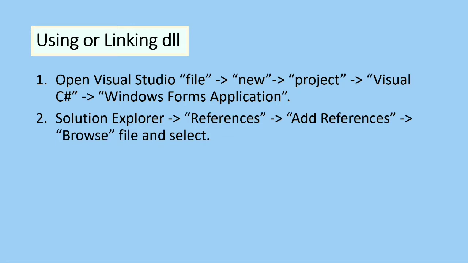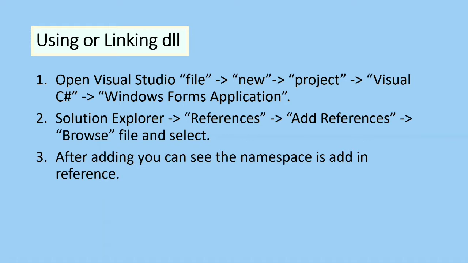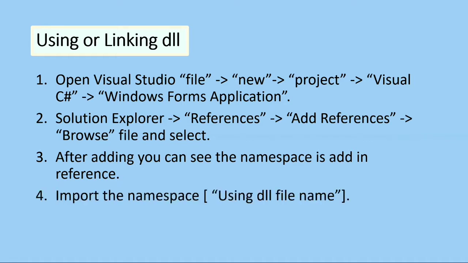Step 2 is to open Solution Explorer, then select References, then right click and select Add Reference, then browse for the file and select your DLL file. When you add your file, you can see the namespace added in references. Now import the namespace using the DLL file name.